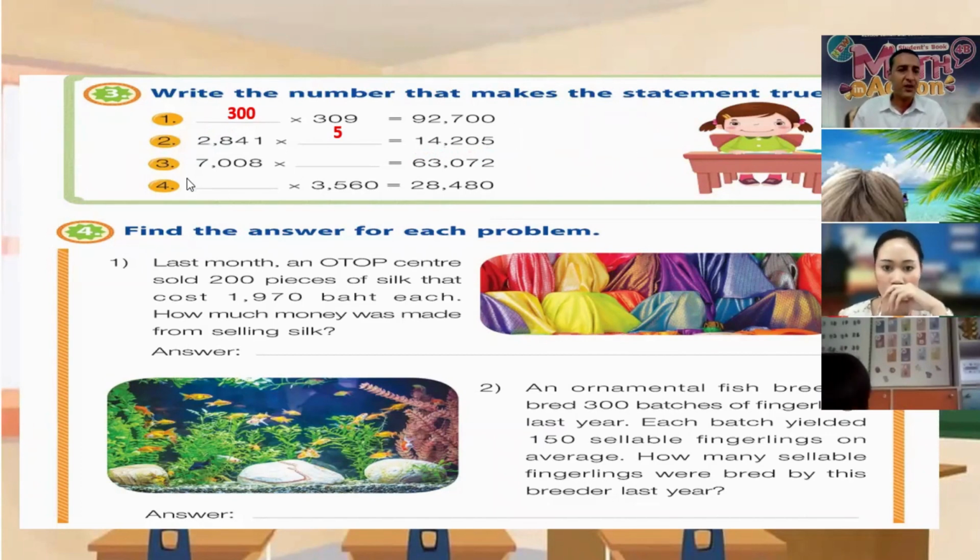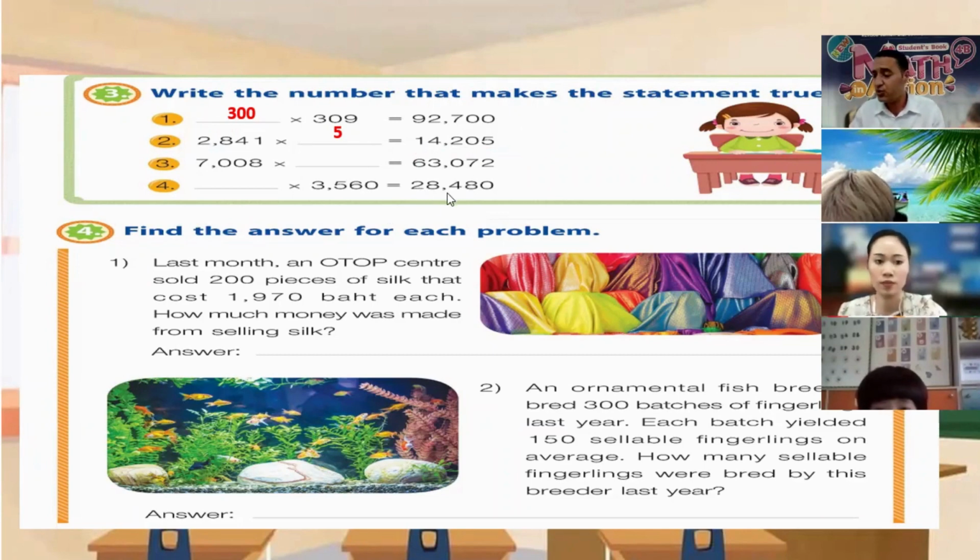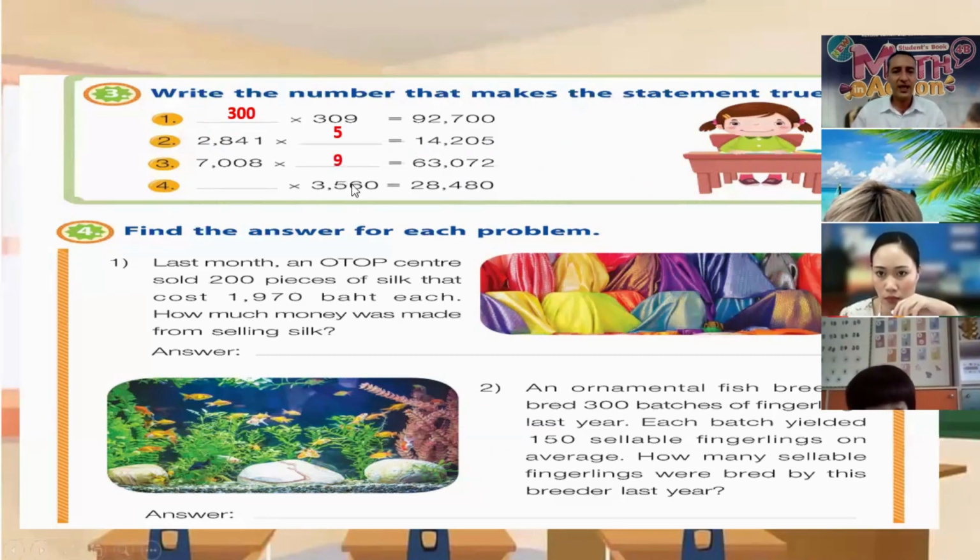Similar like that, question number 3, we have multiplicand given to us 7,008, and we having the product 63,072. So anyone can tell me, student, what will be the best multiplier? 9. 9. Very good. Why? Because we can roughly calculate, like consider 9 multiply by 7.